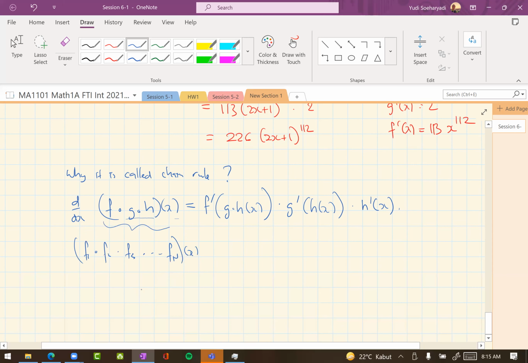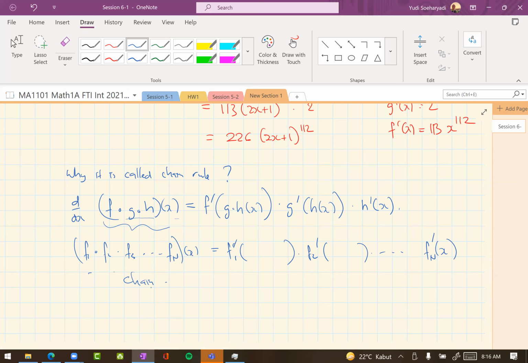Okay, like a chain. And what you have is f1 prime times f2 prime until f, the last one. Yeah. Chain. Okay.